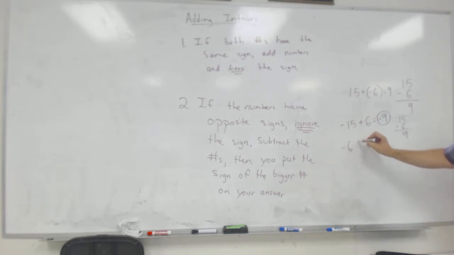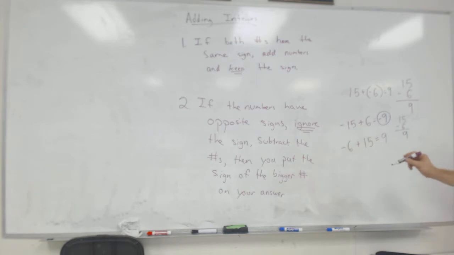Negative 6 plus 15 is going to be the same thing as 15 plus negative 6. So we subtract those numbers, and is it positive or negative? Look at which one's bigger. Why is it positive? Because for the bigger number, we use that sign, and 15 is greater than 6.